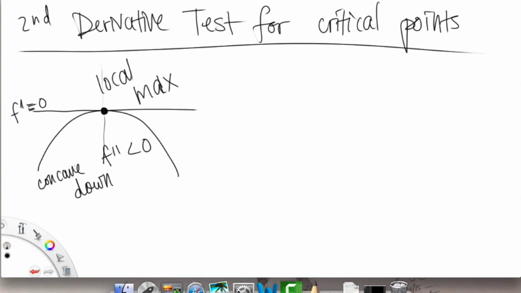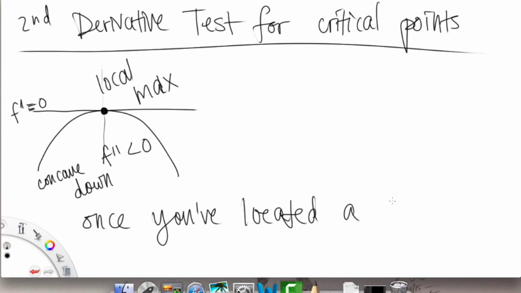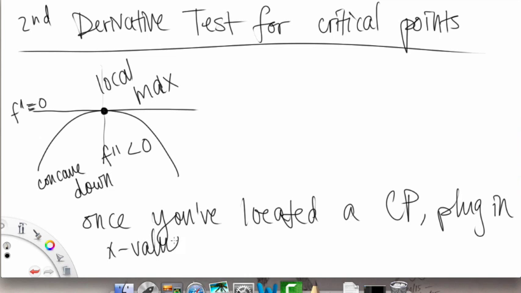Another test we could do, the second derivative test, is that once you've located a critical point, CP, you just plug that x value into your second derivative, f double prime of x.